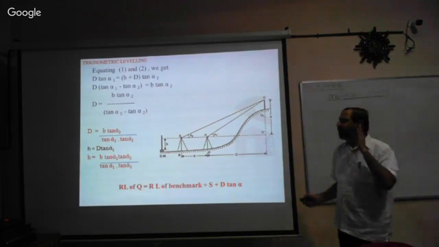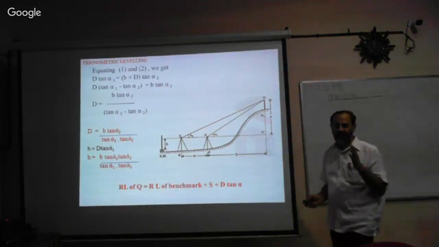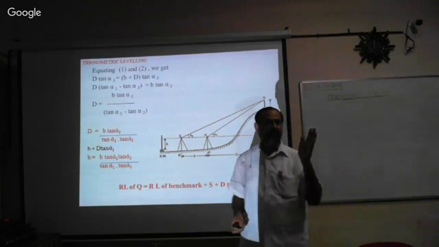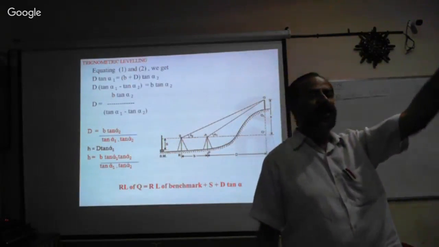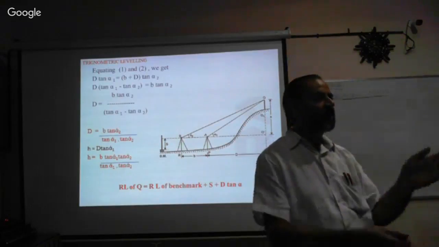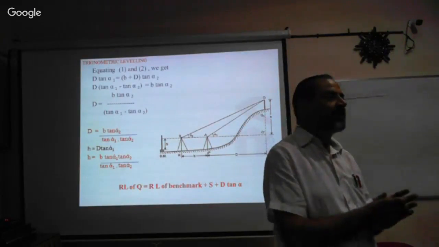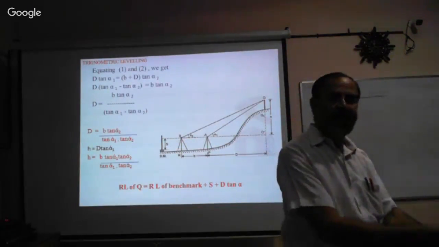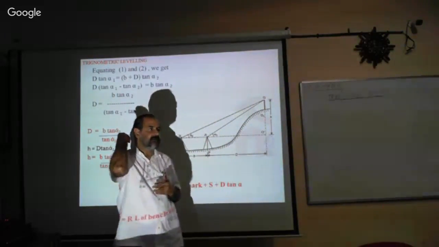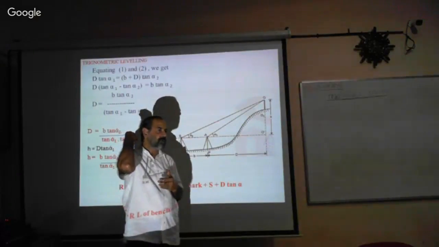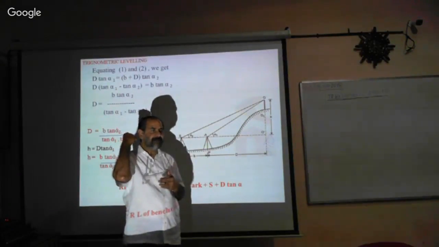Understood? Now here I want to say one more thing. Now see, that is where the object is, whose elevation we need to calculate, isn't it? This is the instrument station 1. The second station 2 is somewhere here, isn't it? Please note this.